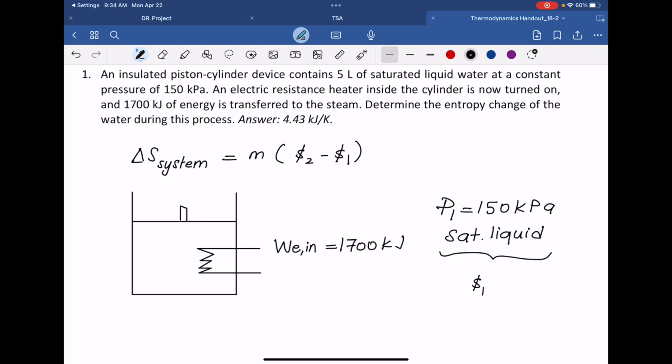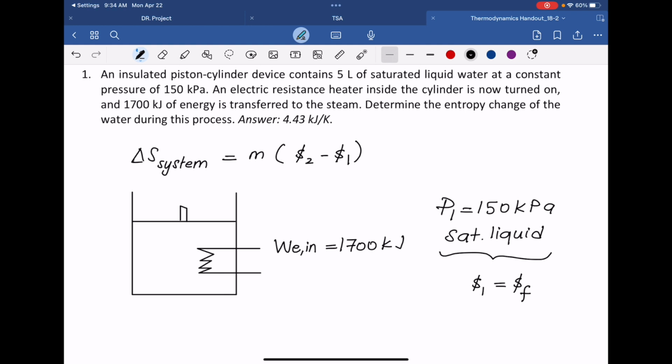We can also read other properties too, because at that pressure we know we need to look at the saturated liquid properties. If you need other properties too, you can read them from the saturated liquid water properties.